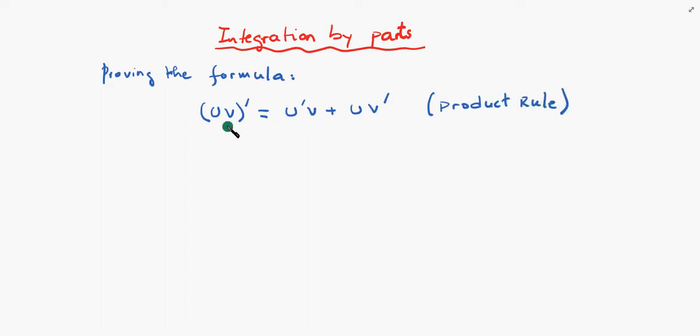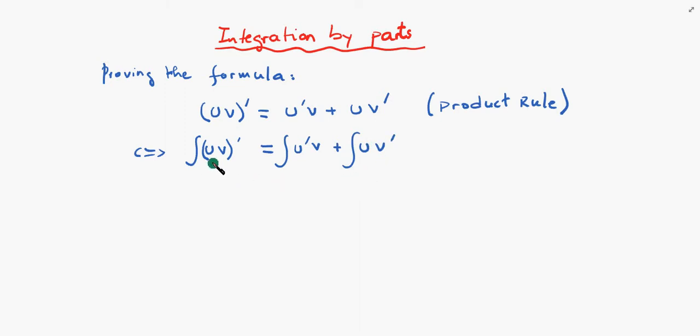All right, so this, written like this, means that it is a derivative, and you know derivatives are always under the sign of integral, so we can write it like this. It is the integral of (uv)', and this is equivalent to the integral of u'v plus the integral of uv'.